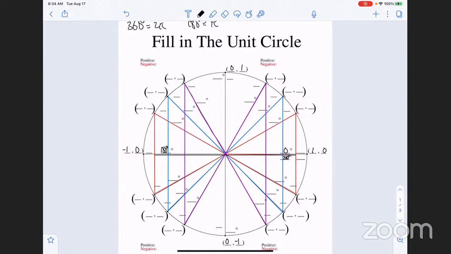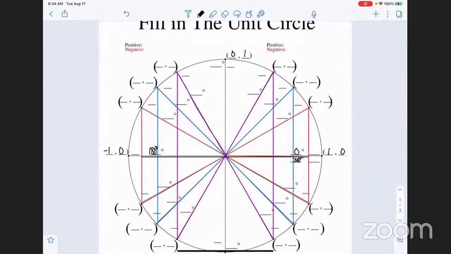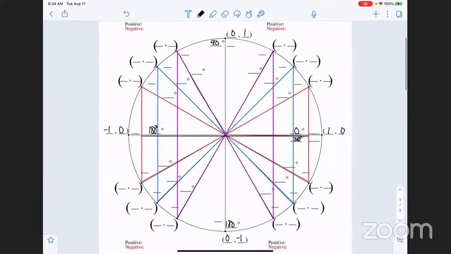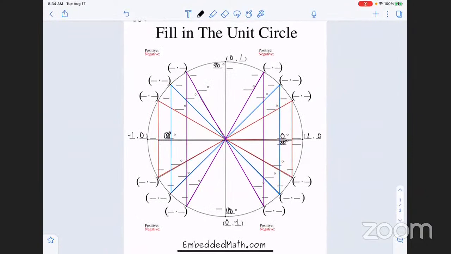Then half of that is going to be 90. So those are the very standard ones: 0 degrees, 90 degrees, 180 degrees.